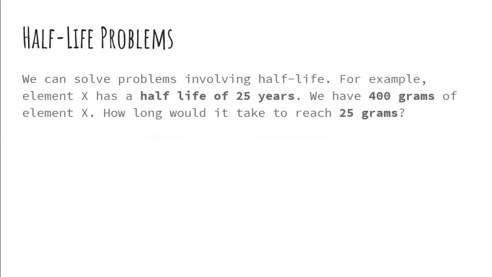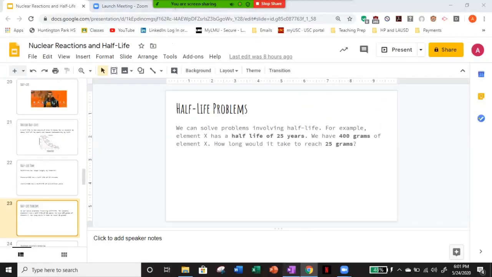You can solve problems using half-lives, so let me give you an example problem. Let's say we have an element X that has a half-life of 25 years. We have 400 grams of element X before it started decaying, but how long would it take for it to decay to 25 grams? Let me show you how I'll do this problem.